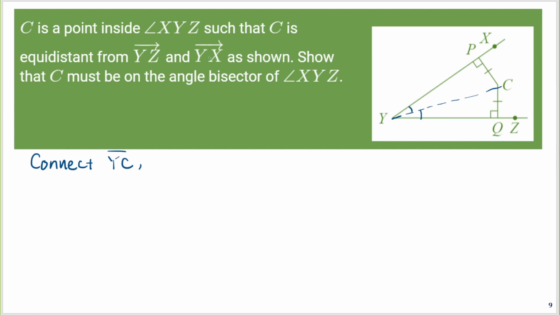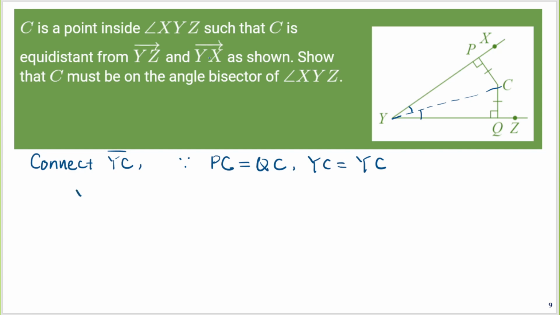So because PC equals QC, right? And YC equals YC.